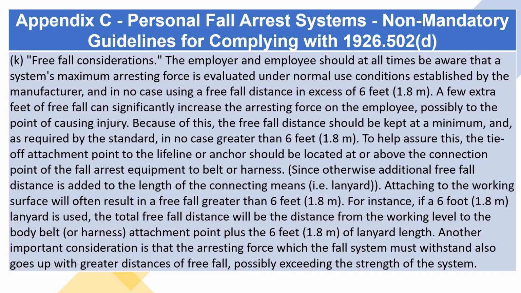For instance, if a 6-foot, 1.8 m, lanyard is used, the total free fall distance will be the distance from the working level to the body belt, or harness, attachment point plus the 6 feet, 1.8 meters of lanyard length. Another important consideration is that the arresting force which the fall system must withstand also goes up with greater distances of free fall, possibly exceeding the strength of the system.